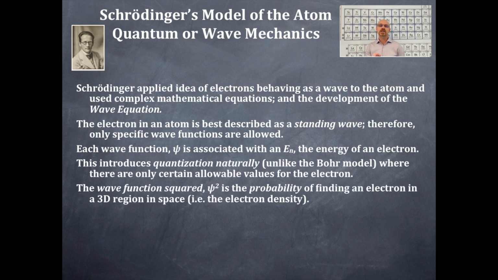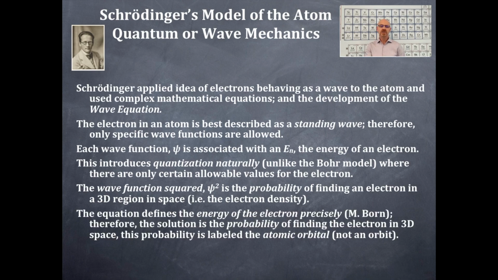The wave function squared, that is psi squared, is the probability of finding an electron in a three-dimensional region in space, and that is defined as the electron density. We can actually do electron density maps experimentally to prove this model. The equation defines the energy of the electron precisely.